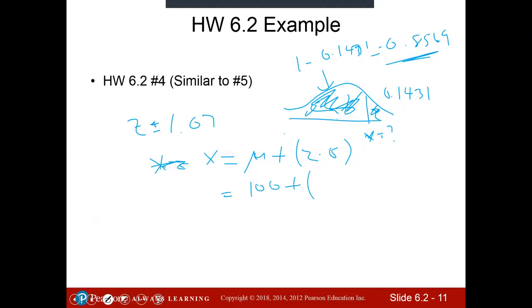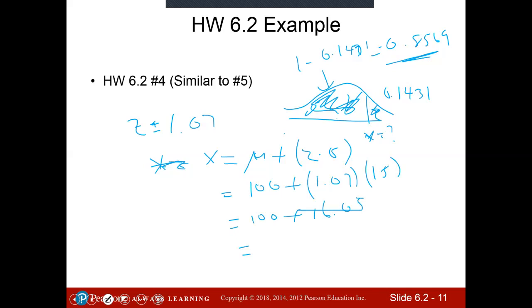So the z-score is 1.07 times the standard deviation, 15. So this gives us 100 plus 1.07 times 15. That is 16.05.